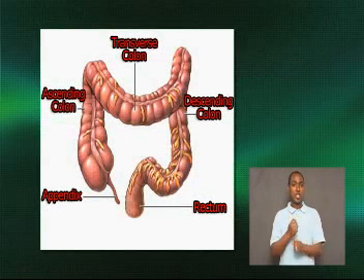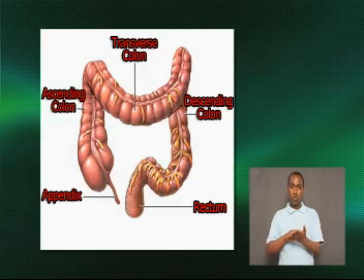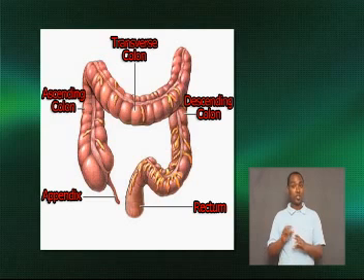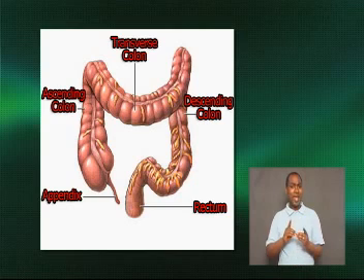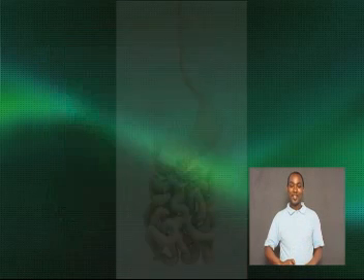Once the food molecules have completed their journey through the small intestine, digestion is complete. The small intestine empties any remaining indigestible particles to the large intestine, where the waste from the small intestine is collected.